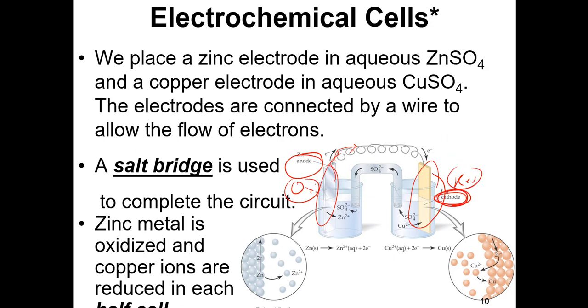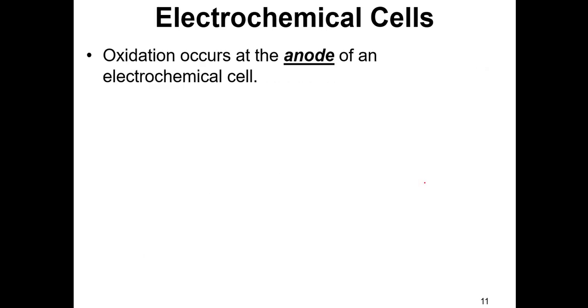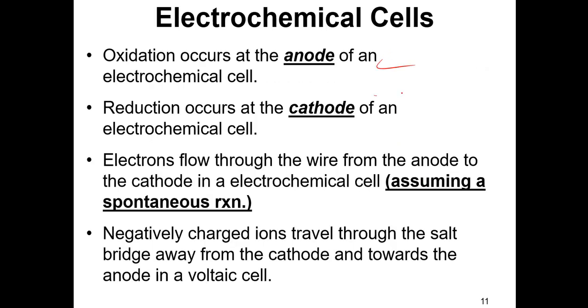And I'll circle that right there, a cathode. So in an electrochemical cell, you need an anode and a cathode. So be familiar with those terms. Electrons flow from the anode to the cathode, and this tends to be a spontaneous reaction, which is what you need for a battery.